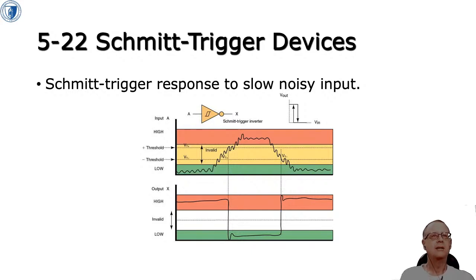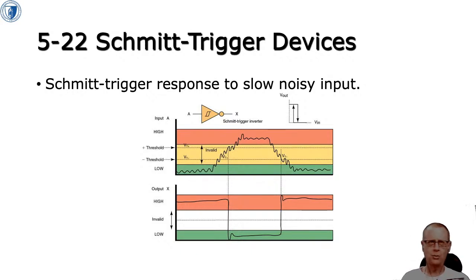But what a Schmitt trigger does is, and it's drawn with this hysteresis loop inside the NOT gate, right? This is a NOT gate, but with this hysteresis loop, it's got this double threshold to try and stop what we've been talking about happening.